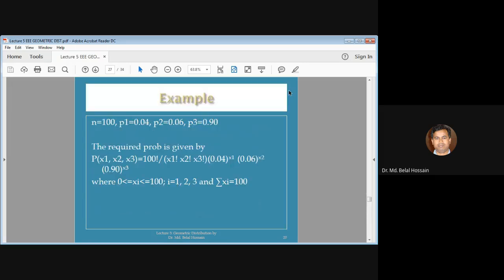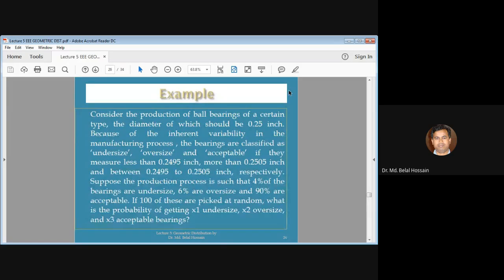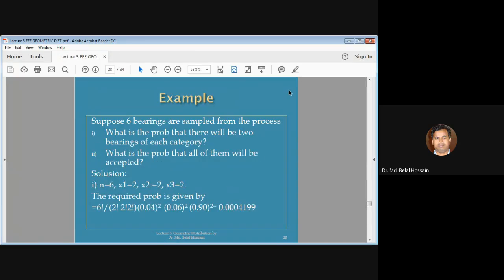এখন যদি আমরা বলি যে প্রোডাকশন প্রসেসে find the probability that all the ball bearings are oversized. তিন নম্বর প্রবলেম বুঝতে পেরেছেন?